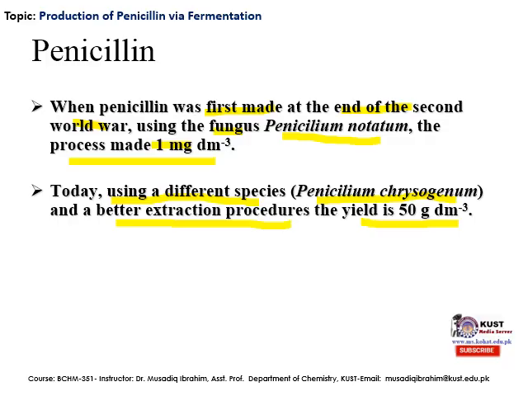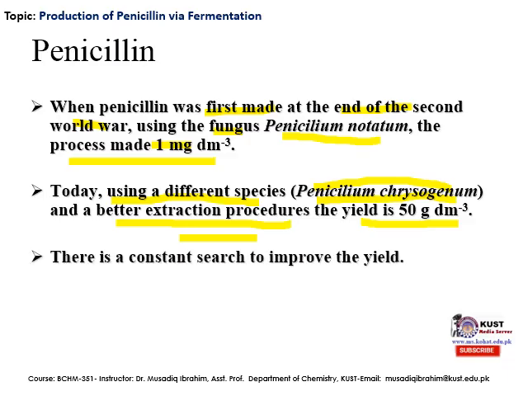From here you can assess that through the technology, through the better extraction process, the yield has been increased up to 50 gram per liter from a fermentation process. So the important thing is Penicillium chrysogenum, which species of the penicillium is used, as well as the extraction procedure. And there's a constant search for improved yield.